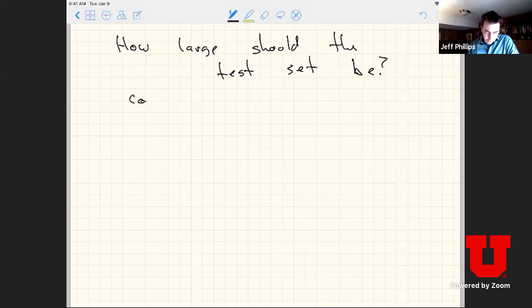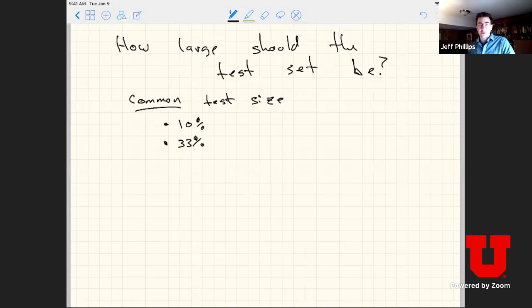It's common for the test size to be something like 10% of your data. Having, say, 33% is common. So these are common choices for the test and train split.